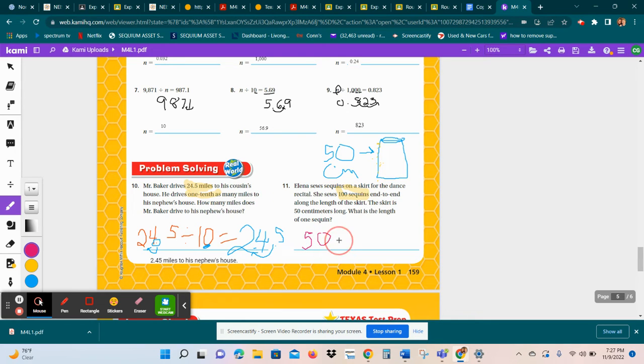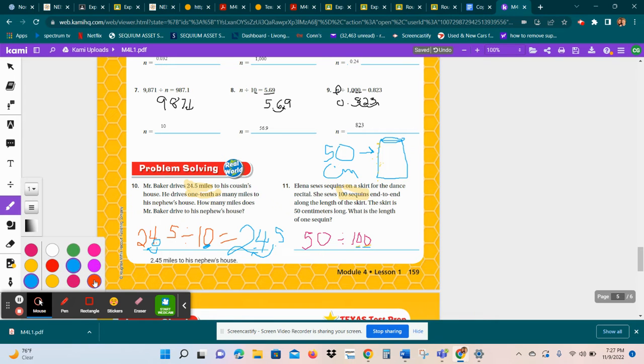I'm going to divide that by 100 because I need to find out the length of each of the 100 sequins. Because I have 2 zeros, I'll make that a little darker. I have 2 zeros. I'm going to move my decimal over.